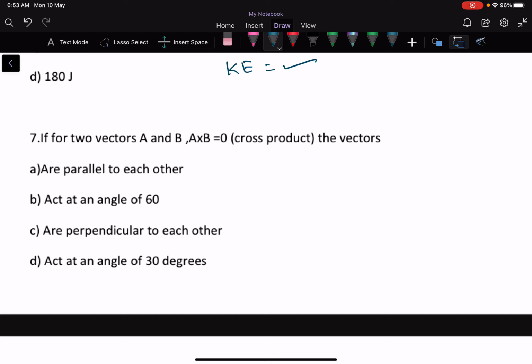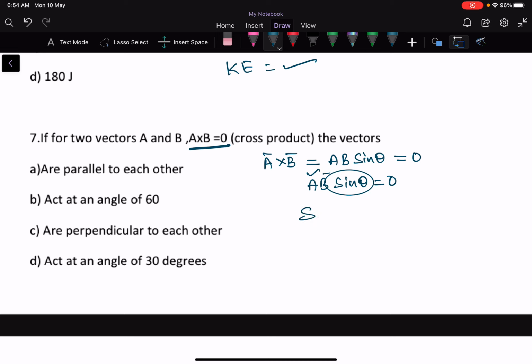If for two vectors A and B, A cross B is equal to 0, we know the definition of A cross B is AB sin theta. This A cross B is equal to 0, which means AB sin theta is equal to 0. That means either A has to be 0, but it is a vector, it may not be 0, or B has to be 0, or sin theta has to be 0.